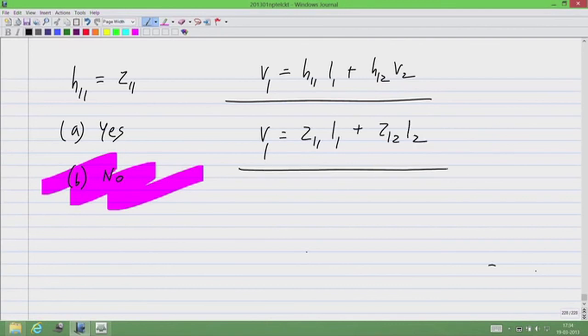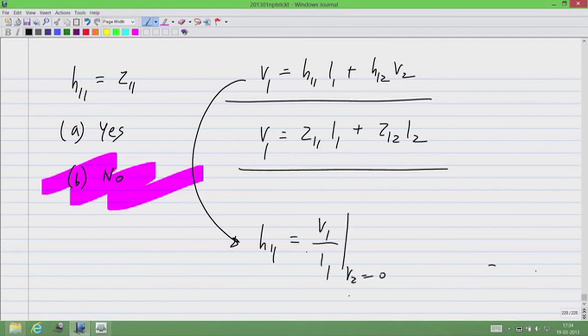But H11 is V1 by I1 with V2 equal to 0, that is port 2 short circuited, whereas Z11 is also V1 by I1 but under different conditions, with I2 equal to 0, with port 2 open circuited. So H11 is not the same as Z11.